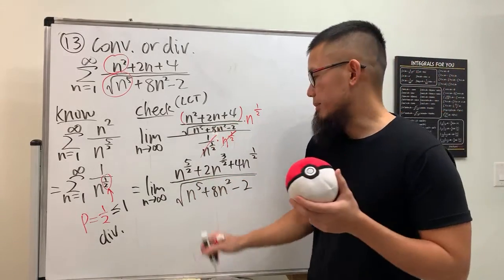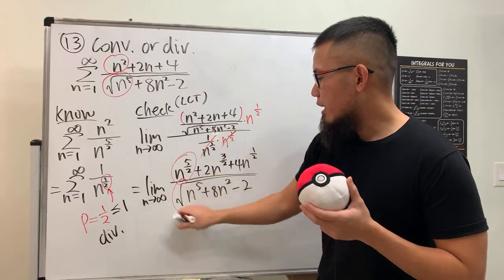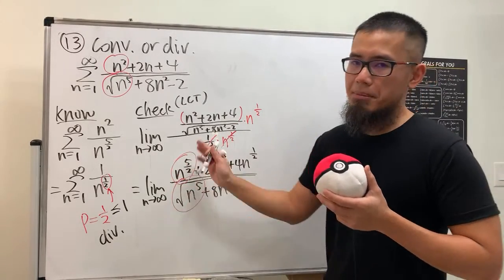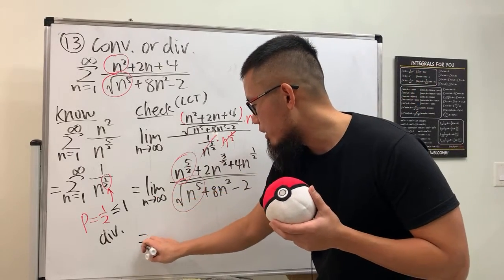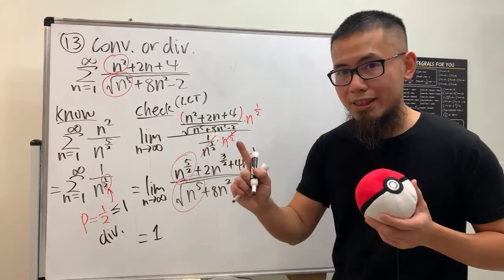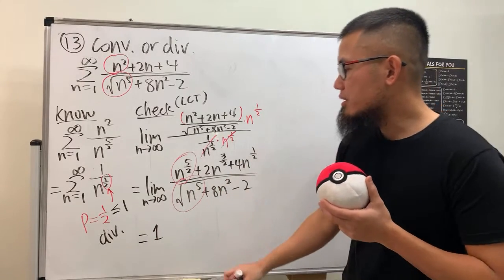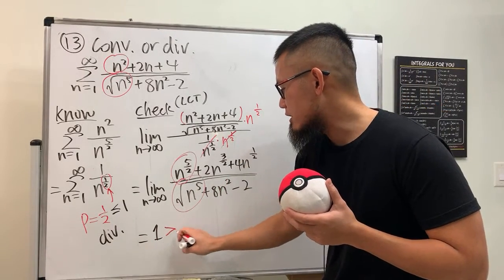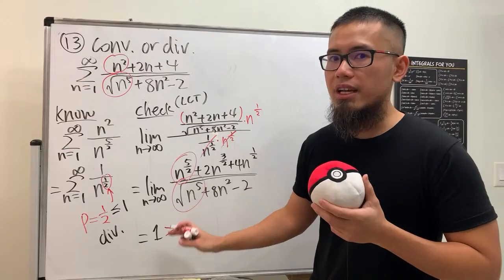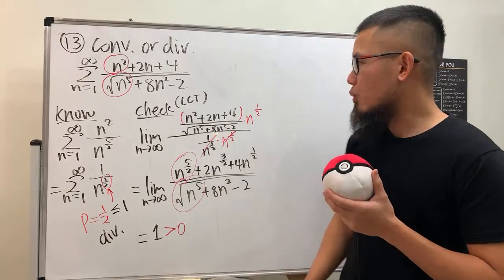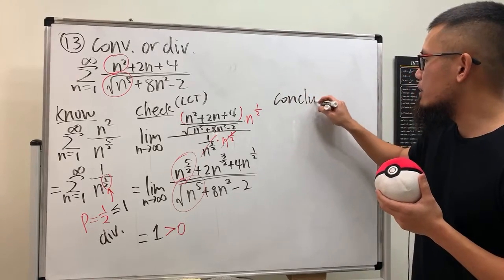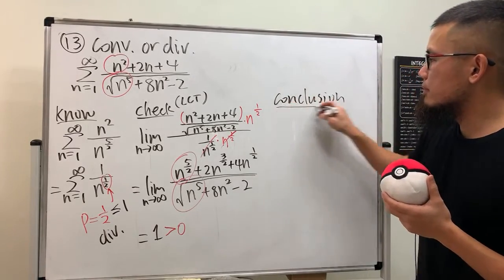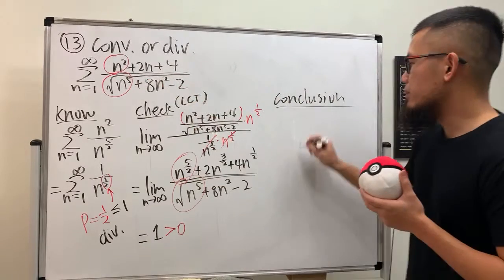When you're doing this limit, you can see, just care about this and care about that, and they are the same thing. When you take the limit as n goes to infinity, this right here will give you 1. 1 is good because it is finite and it's greater than 0. That means we can draw a conclusion.